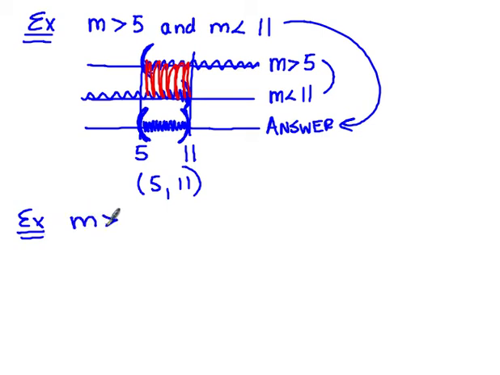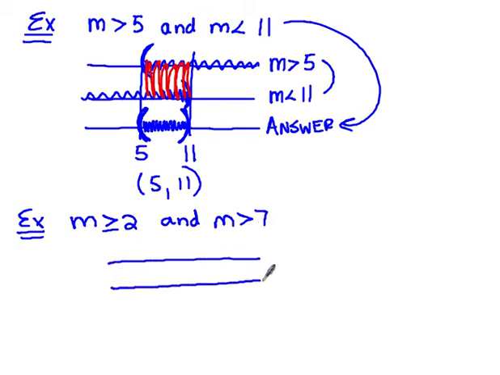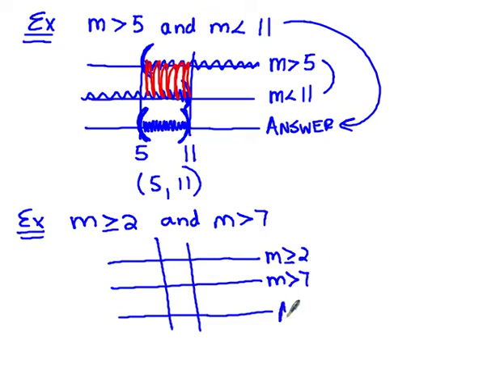All right, let's say I had m greater than or equal to 2 and m greater than 7. Three lines. M greater than or equal to 2, m greater than 7, and then my answer.